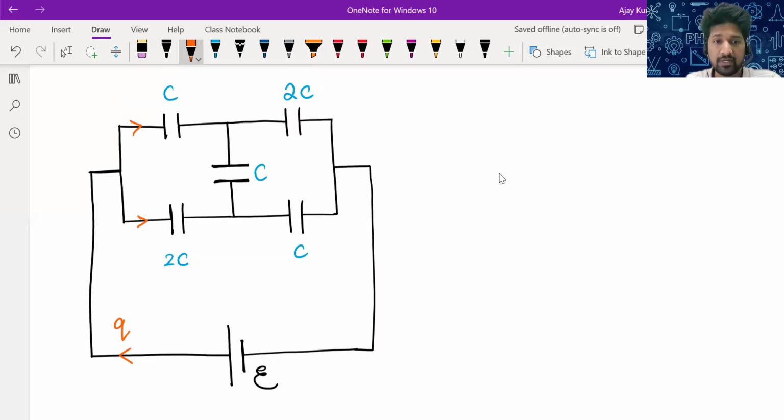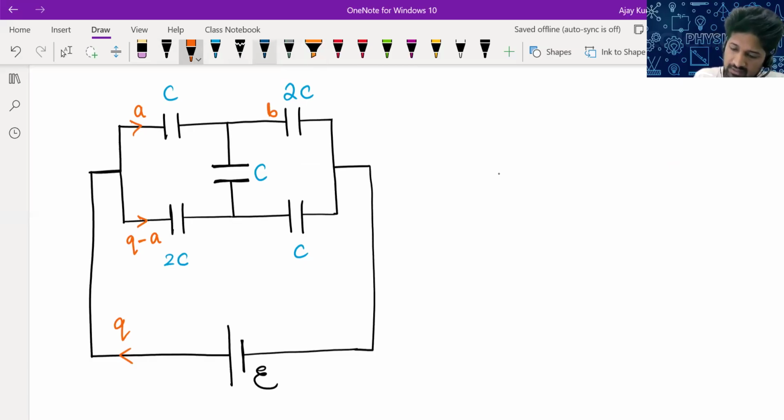Now we will have to split Q. For convenience, instead of using Q1, Q2, I'll use ABC symbols. Let's say the total charge flowing, let it be Q itself. Assume some charge A gets deposited on this capacitor. Then Q minus A will get deposited here. And on the other side, the 2C which is above, let's say it has a charge B on this plate.